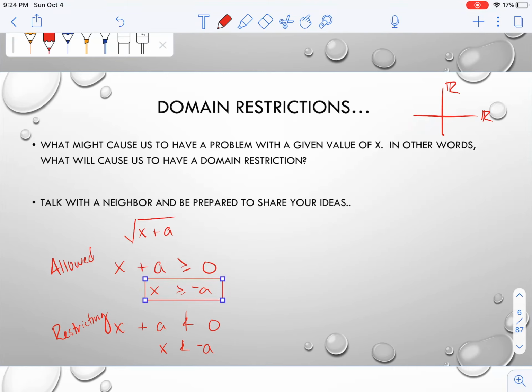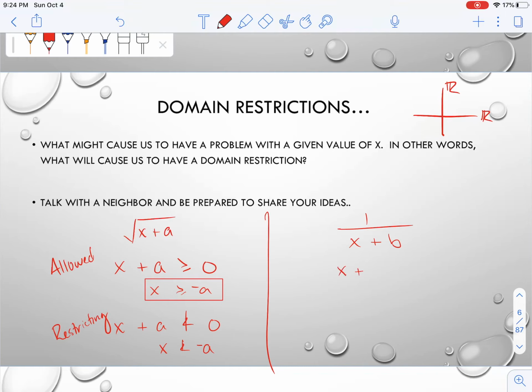Now, our second thing that we're going to typically see that's going to give us a domain issue is if I have division. So if I have, say, to make it simple, 1 over x plus, let's use b. This quantity x plus b, I'm not allowed to divide by 0. So regardless whether I have a 1, whether I have an expression, whether it's something else, I still can't divide by 0.